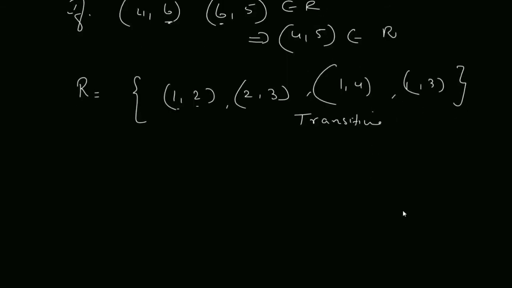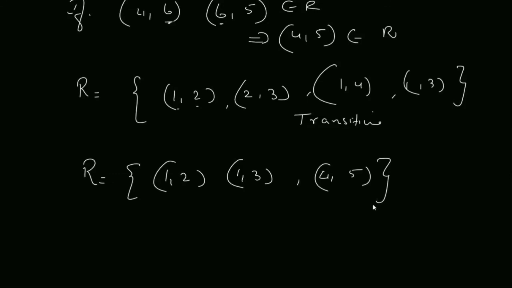Now suppose I give another example: (1, 2), (1, 3), (4, 5). Take (1, 2). Is there any ordered pair starting with 2?